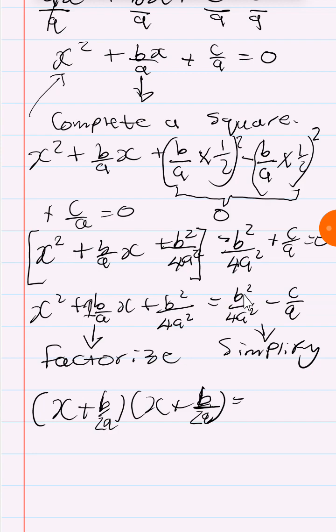To simplify the right side, the lowest common denominator of 4a squared and a is 4a squared. 4a squared into 4a squared is 1, and 1 times b squared, minus 4a squared into a is 4a, and 4a times c is 4ac.